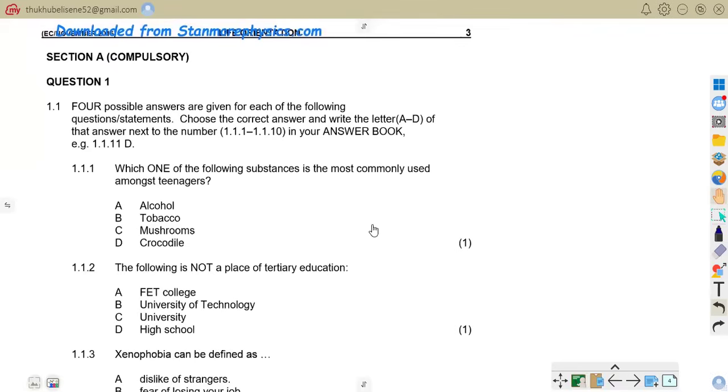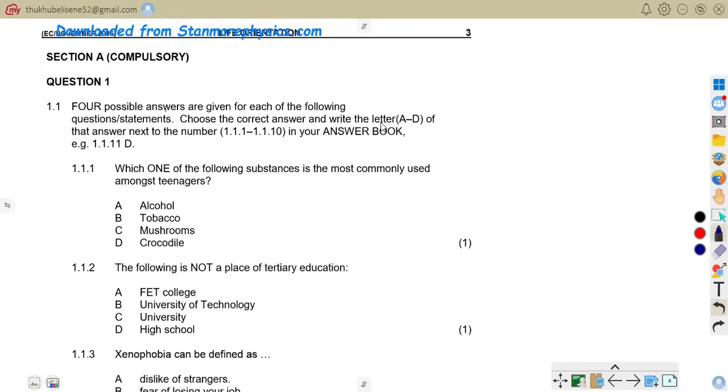Section A, Question 1. As we remember, Section A is compulsory. Question 1.1: four possible answers are given for each of the following, so we're talking about multiple choice questions or statements.